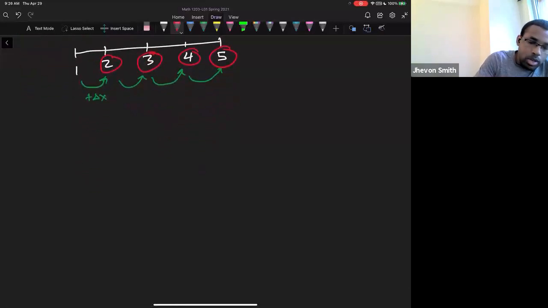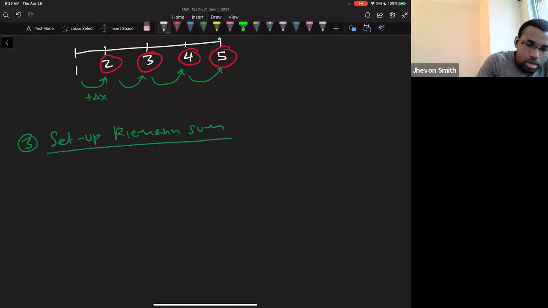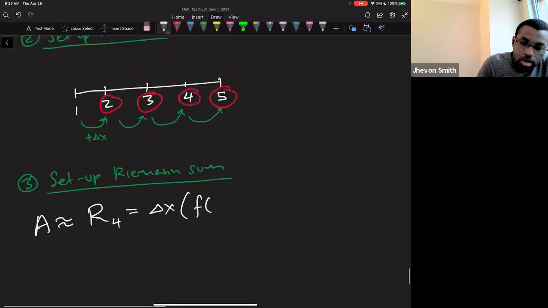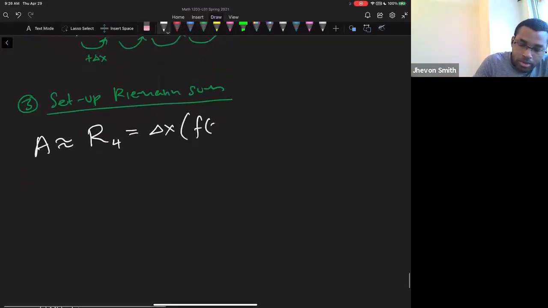Then you are going to set up the Riemann sum. So here now you're approximating the area using the right-hand approximation with 4 rectangles. That's going to be delta x times f of 2, 3, 4, and 5. So f of 2, f of 3, f of 4, f of 5.